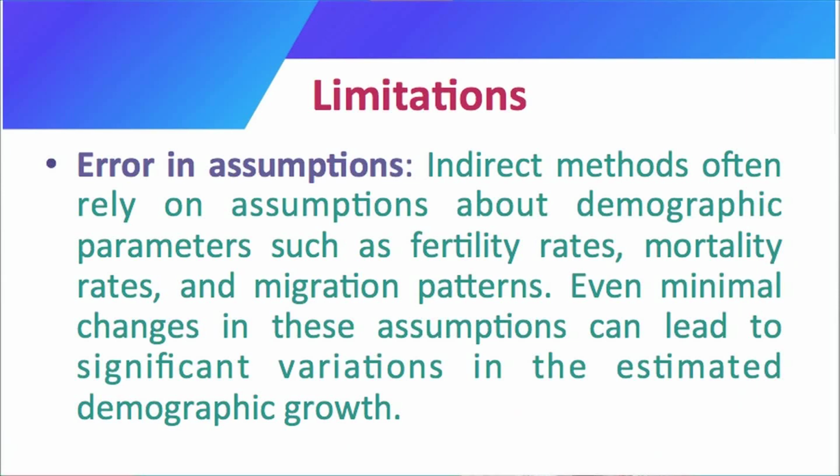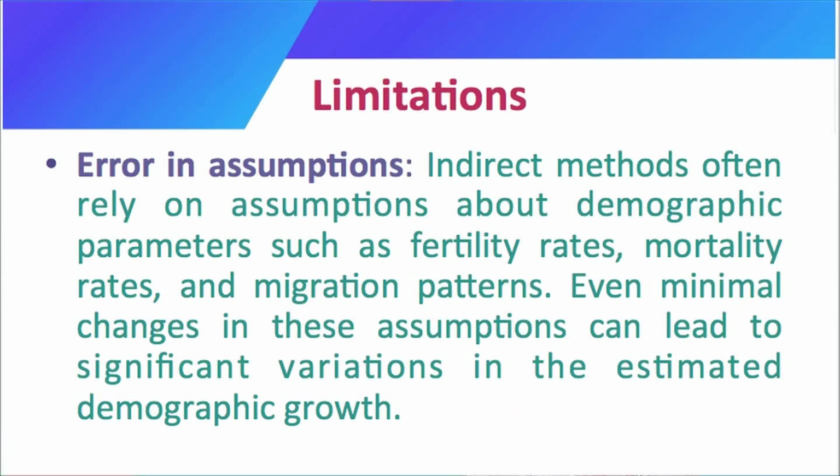So, as we all know, although indirect methods of demographic growth estimation can be useful in various situations, there are a number of limitations that need to be taken into account when interpreting the results. So some of the key constraints can include error in assumptions.